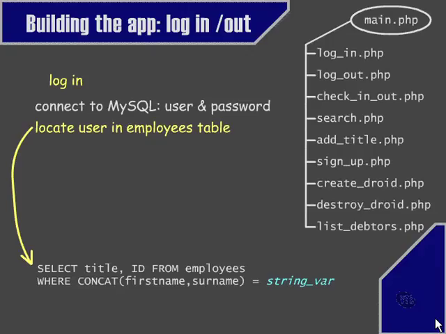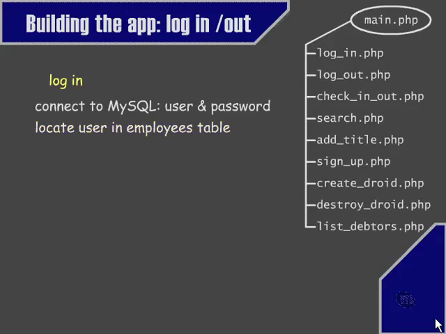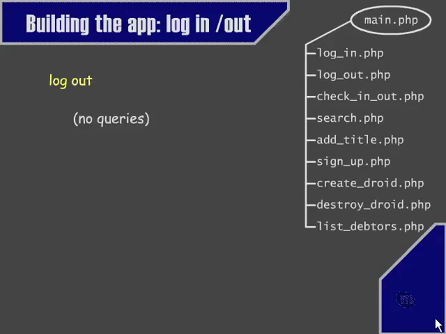I've used the CONCAT function, which is a MySQL function which essentially runs two strings or alphanumeric values together. So the first name and last name on the employees table are going to act together as the username for the employee. The logout script contains no queries at all.